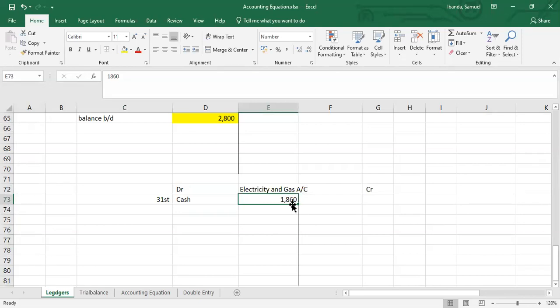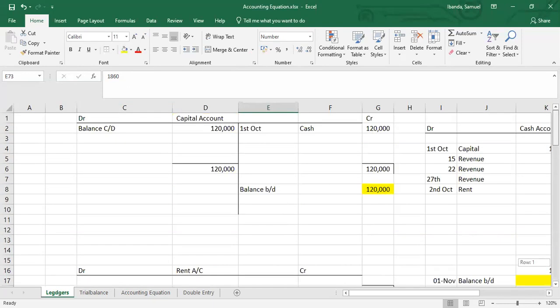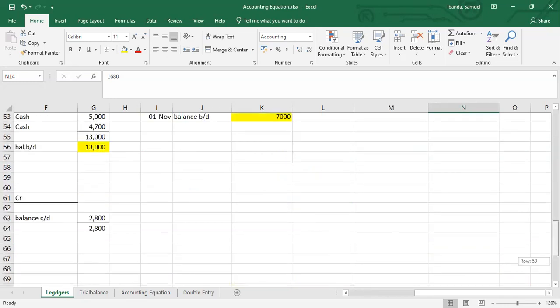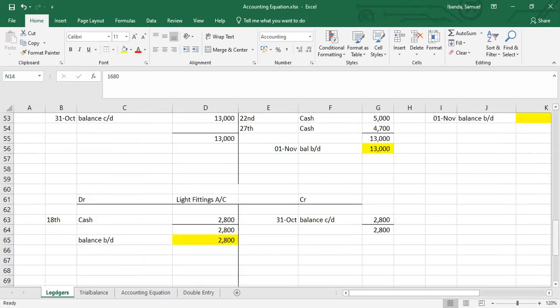For example, I think you've seen, we have 1860 here, and we went ahead and wrote 1680. So in this case, this error will affect the trial balance because what you've recorded on the credit side is totally different from what you've recorded on the debit side.